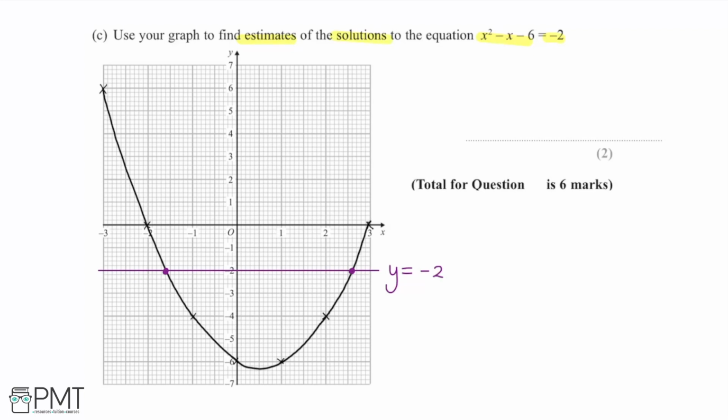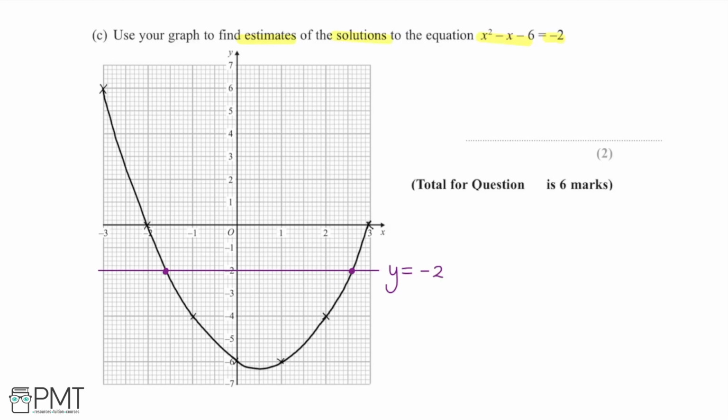And we would kind of expect that because it's said to find the estimates of the solutions, plural, and we're working with a quadratic here. So now I can look at these values and I'm trying to find the x values corresponding to these points.